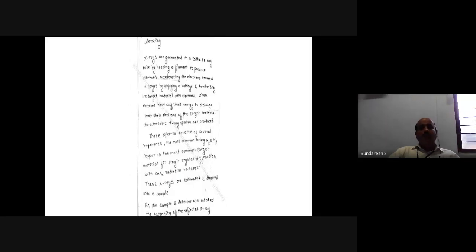When you get the XRD results or images, you should be in a position to study what these results are telling you. This is based upon the position of the peak, the width of the peak, and the intensity of the peak. These are the three important parameters that need to be considered while analyzing XRD patterns.